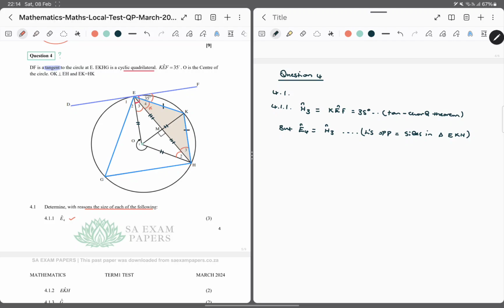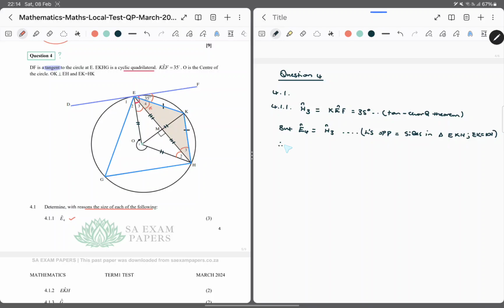That's the essence of this. In fact, this reason is not complete until we say that EK equals KH, because we must state it if we're going to use it, right?